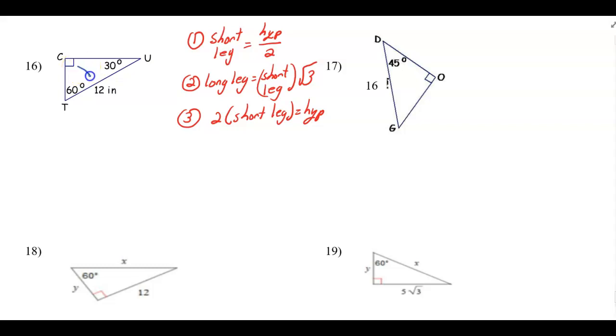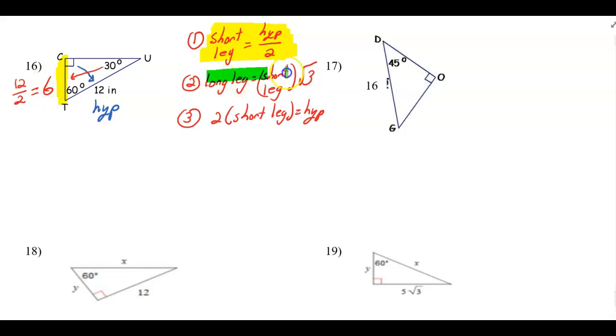In problem number 16, we are given the hypotenuse. So using the yellow highlighted formula that the short leg is half of the hypotenuse, the short leg is here in yellow across from the 30, so that short leg is going to be 12 over 2, which is 6.